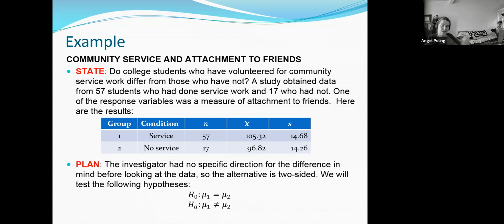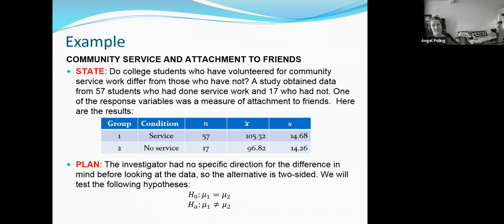Otherwise, the investigator thinks, I think there is a difference, but I'm not sure which way, right? I'm not sure if the people who don't do community service are more attached to their friends because they don't have those pseudo friends from helping people. So maybe those people are more attached to their friends.